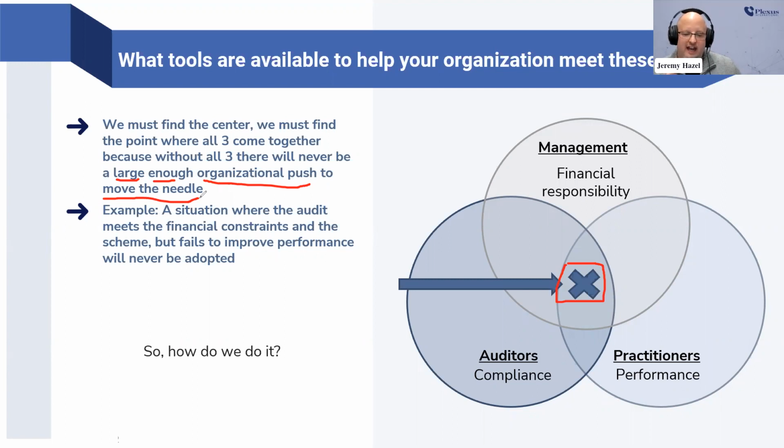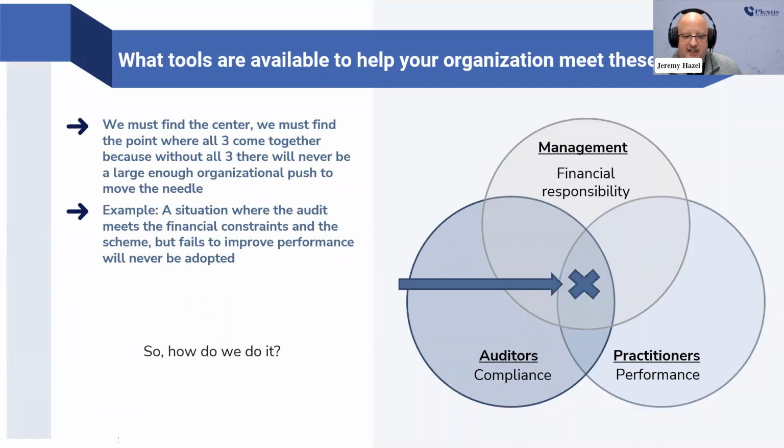So what we have to do as auditors is identify the interested parties. We have to determine exactly how they see the FMEA. And then we need to strategize the audit so that we can hit all of those moving targets, let's say, with our activity. If you fail to find the center, you will have challenges because the initiative and the push will not be as unified or as consistent as it needs to be.